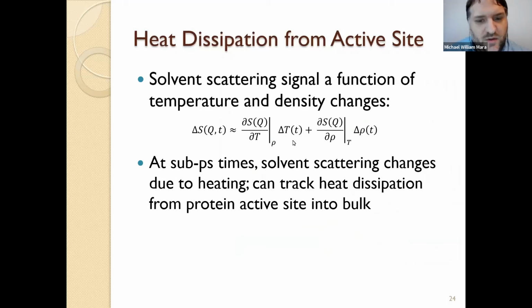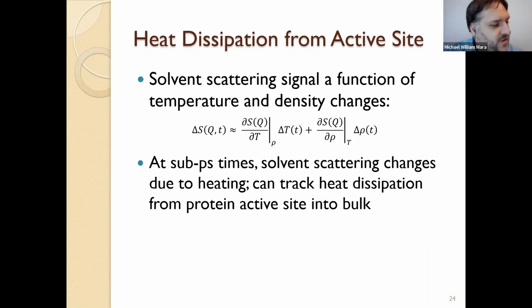But the last thing I wanted to talk about, I mentioned this earlier, was the heat dissipation from the protein into the solvent. And we saw in the scattering data that on certainly the 10 picosecond time scale or so, we start to see a heating signal in the solvent. The solvent scattering signal can be roughly broken into two components, one that we call a temperature component and one a density component, right? The solvent will heat up, and then at later times, the solvent will start to rearrange itself.